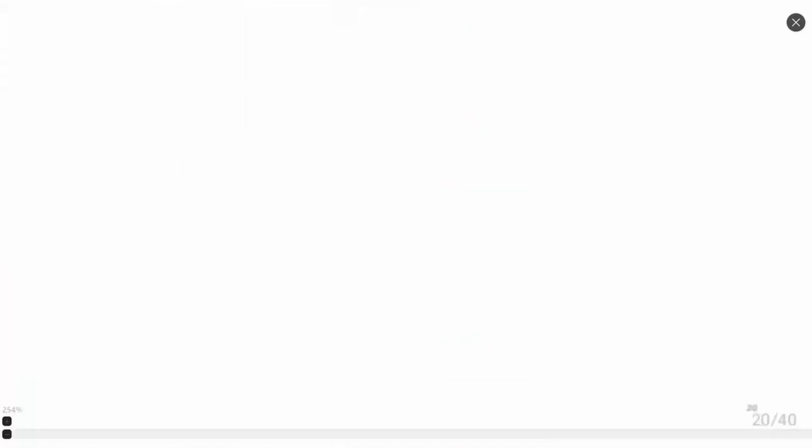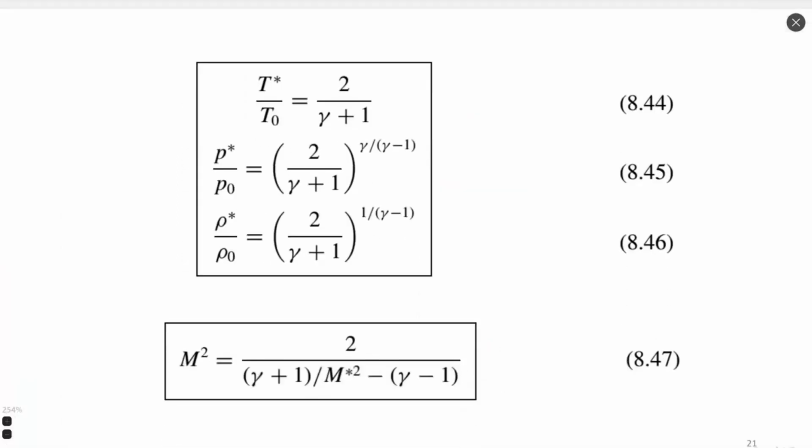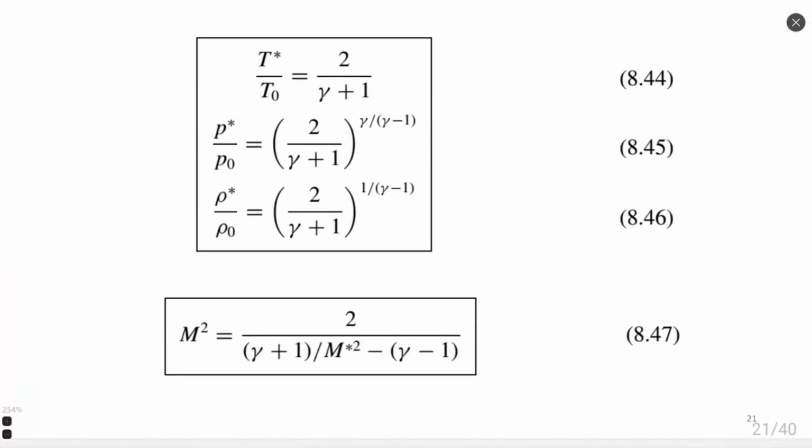Just according to this formula, right? And these simplified relations you can see here on this screen, 44, 45, 46, represent the relation between the characteristic point and the stagnation point for all thermodynamic properties, given as just values, depending on which gas we are using.